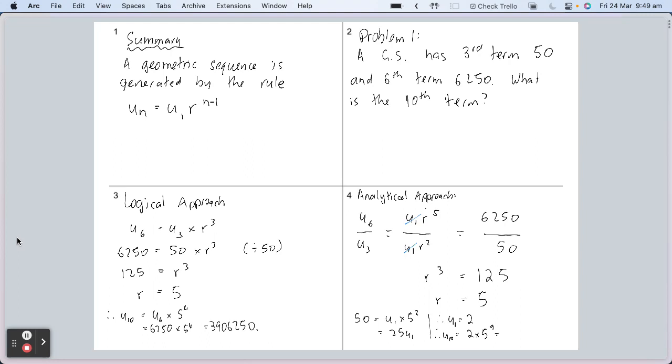Okay, so if you've been given terms that are an even number apart, then you don't know whether the numbers in between were all positive or whether they alternated positive and negative. So basically at that point, if you ended up with a square root or a fourth root or a sixth root or an eighth root, you have to conclude plus or minus that number, and then you have to basically come up with two solutions. The 10th number is either or, that kind of thing.